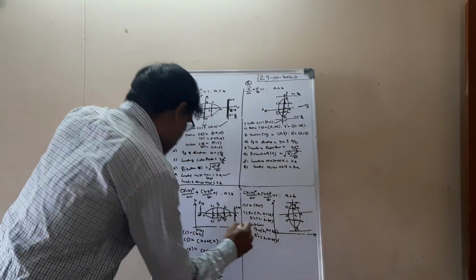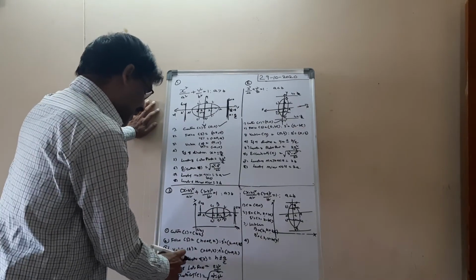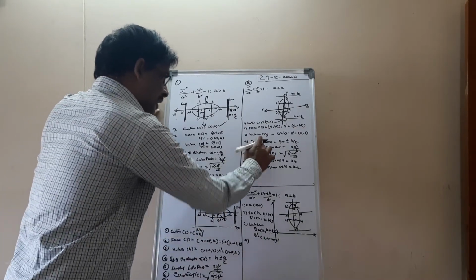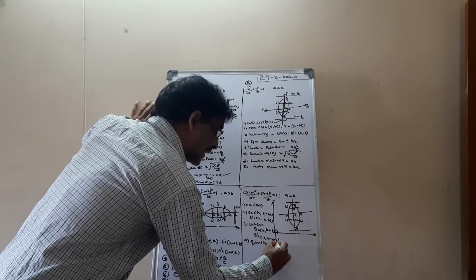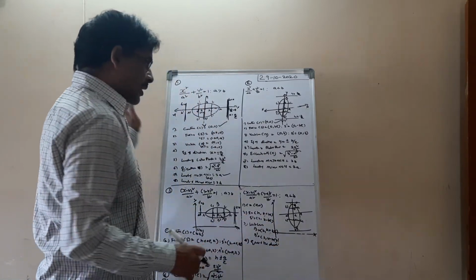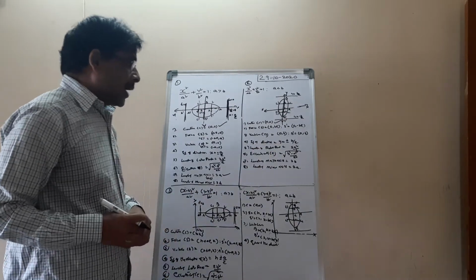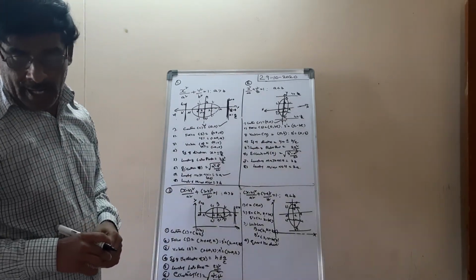And the fourth one, the equation of the directrix: y equals plus or minus b by e.